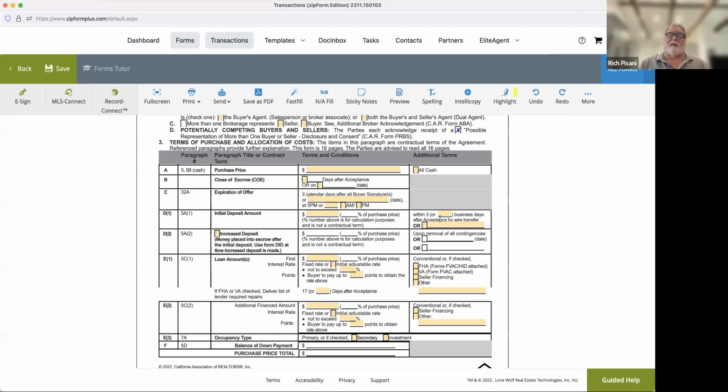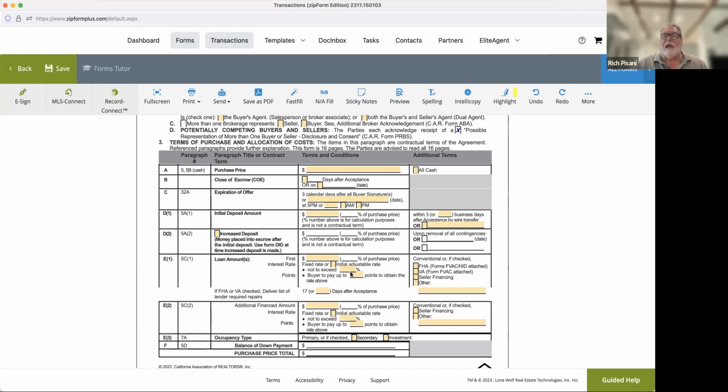The third, if there is a loan, so if they're putting 20% down or 10% down and there's a loan, you would put the loan amount there, and most likely it's going to be a fixed rate, or in these days it might not be, but who knows? So it's very important, once again, to work with the lender as far as what the rates are, because you want to fill this out so that the rate is not to exceed a certain amount.